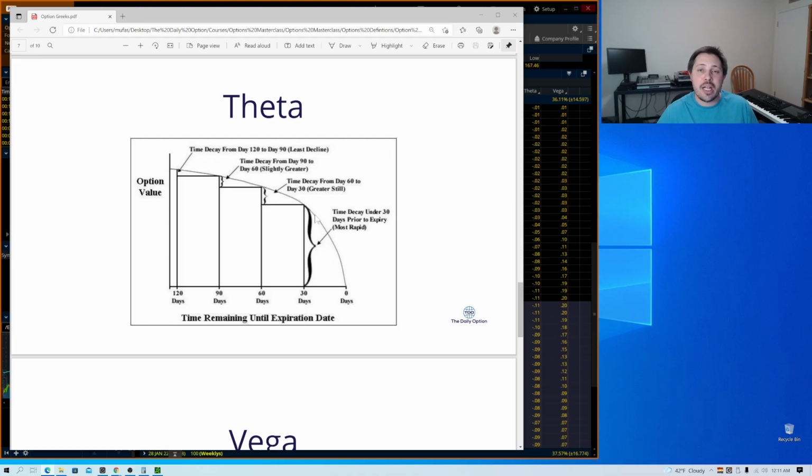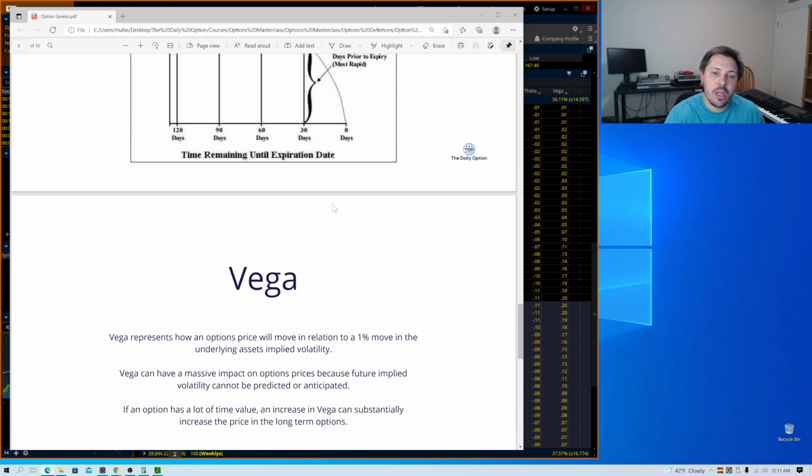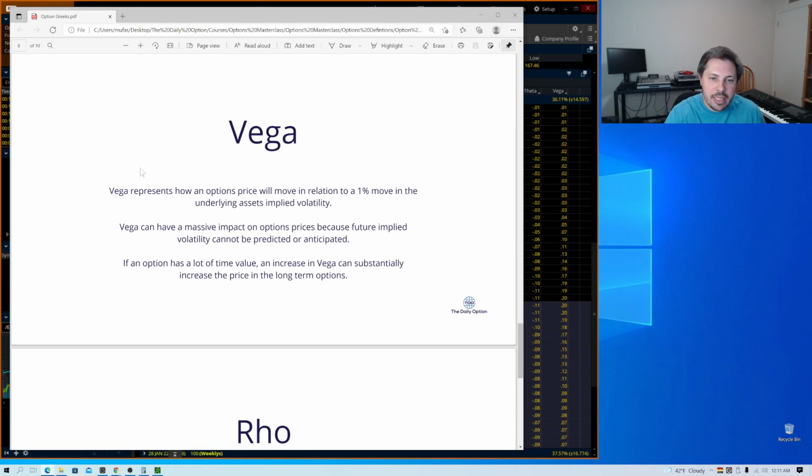Either using calendar spreads, butterflies, other strategies that we make money through the passage of time, right? So this is a really important concept, if not one of the most important concepts to understand when you're trading options, okay?